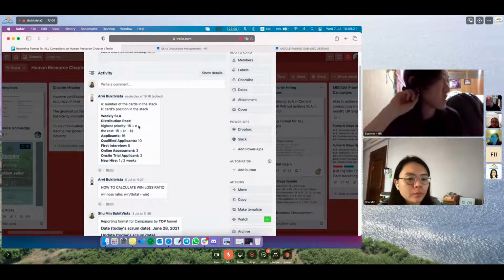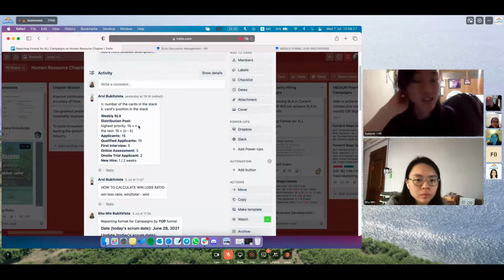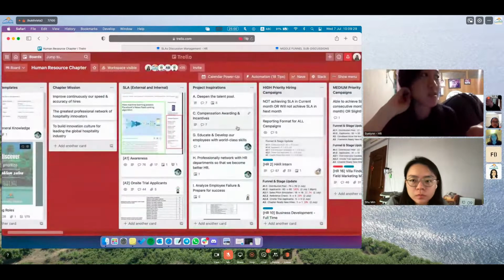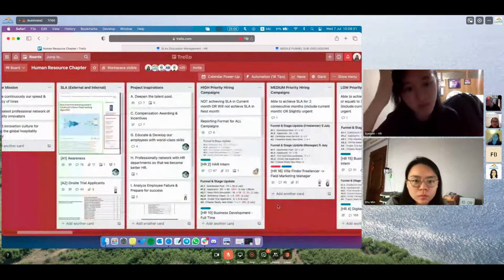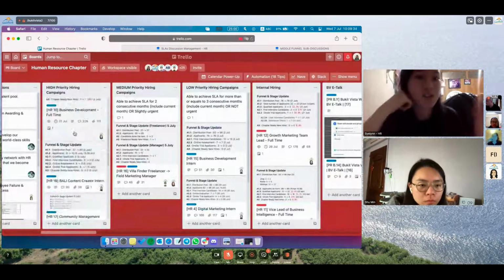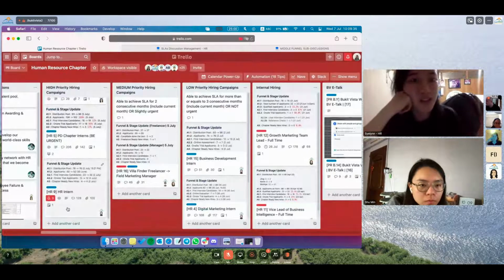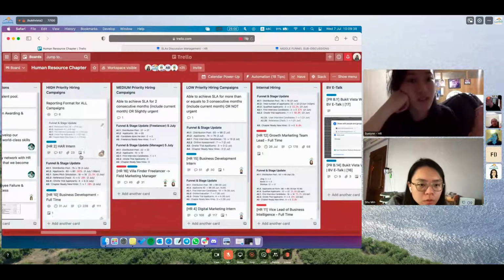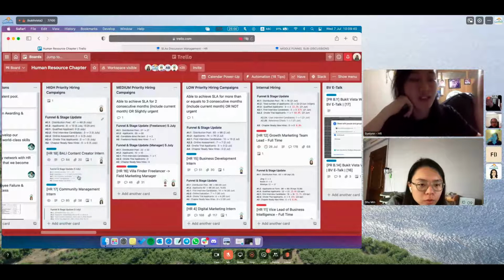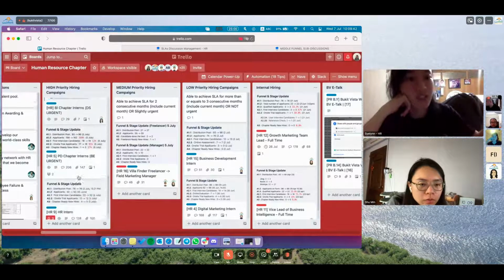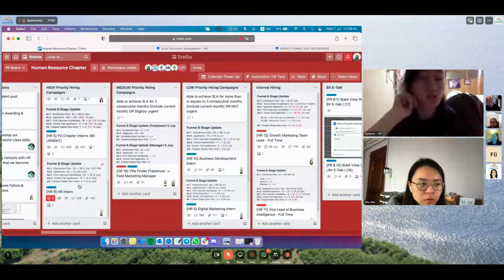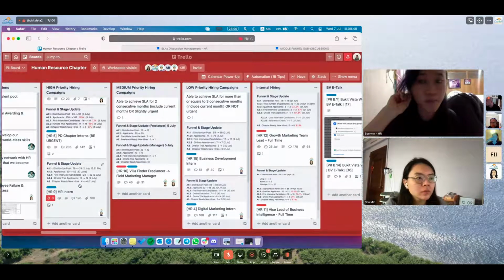To explain it simply: the last card on the high priority stack needs at least 15 distribution posts per week. For example, if we have 7 cards, the seventh card needs 15, the sixth card adds one to it, so 16, and it goes along the way until the top one.